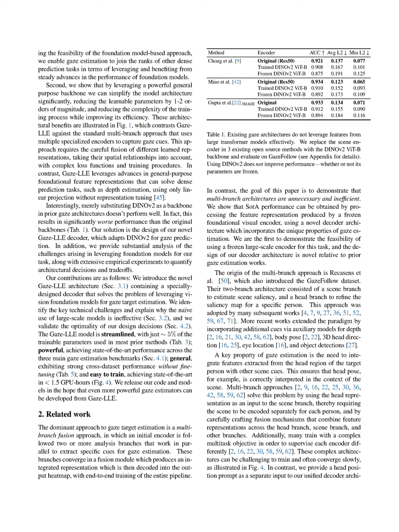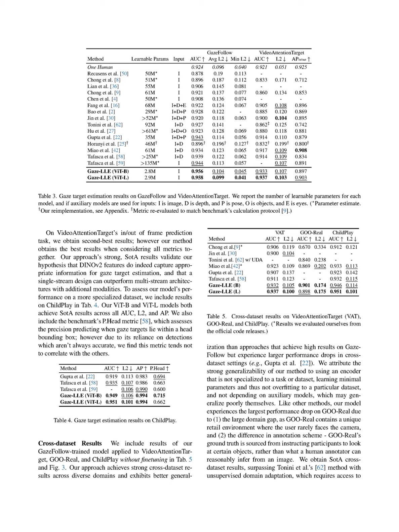The Gaze-LLE architecture offers significant advantages over traditional multi-branch methods in terms of efficiency, performance, and model complexity. Firstly, Gaze-LLE reduces the number of learnable parameters by 1 to 2 orders of magnitude, utilizing approximately 2.8 million parameters compared to the much larger models typically used in prior works, which simplifies the training process and enhances computational efficiency.